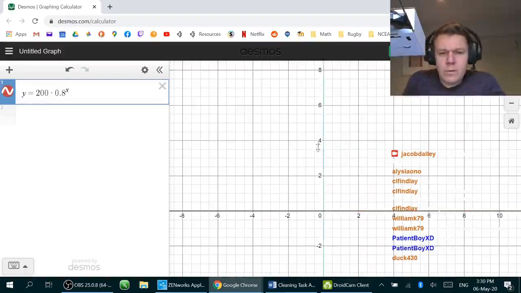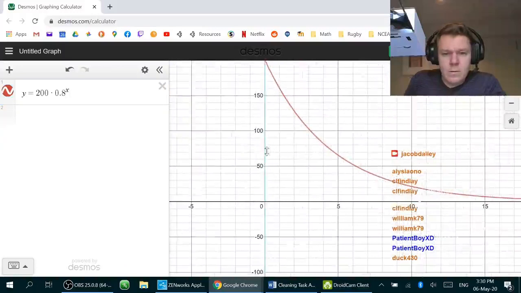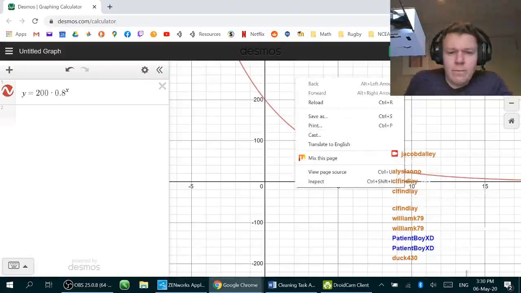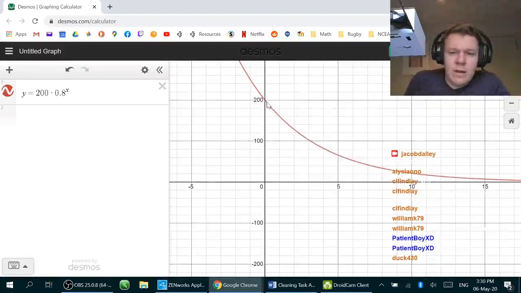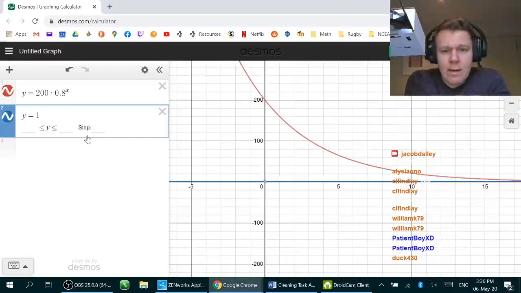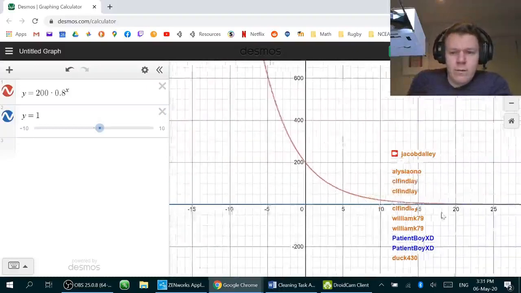So I'm just going to zoom. What we got here is something that you might want your graph to represent: the decay from maybe 200 cases down to, well, at the moment it's going to asymptote at 0, so you might want to know when the last case is going to be with this sort of decay.